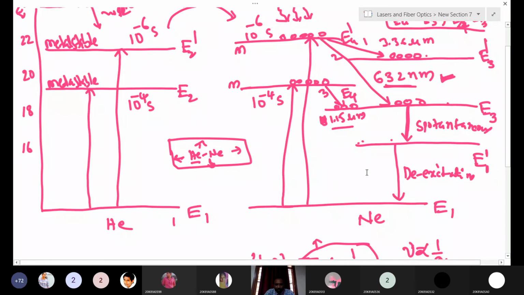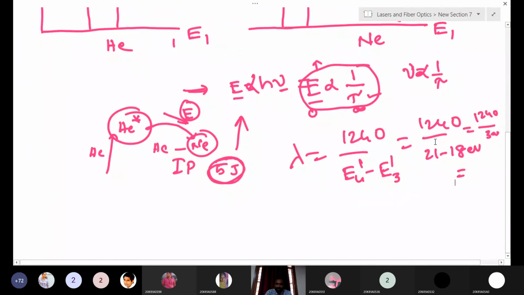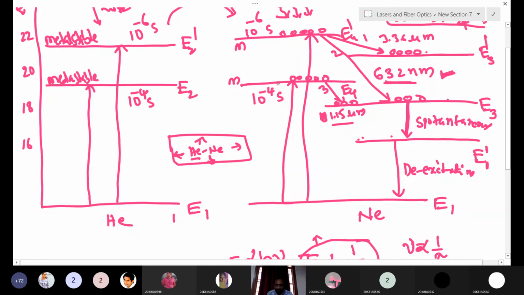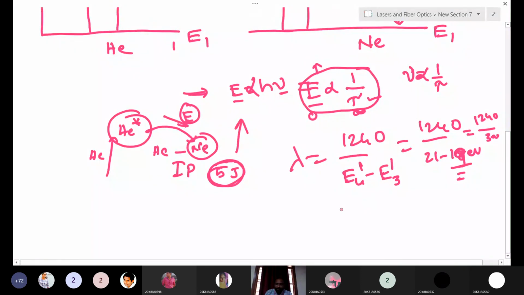Then you get 1240 by 2 electron volts, so it will be around 620 nanometer. 620 nanometer means red. You can estimate the wavelength for different transitions like this.